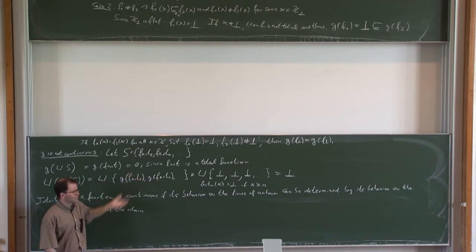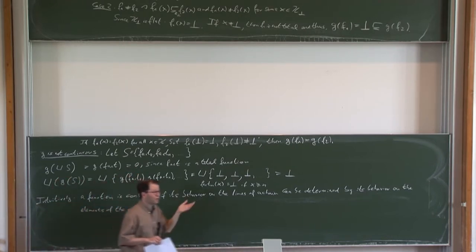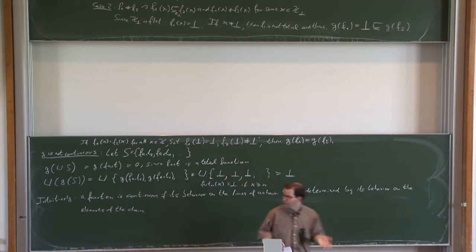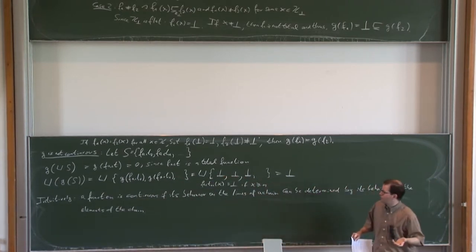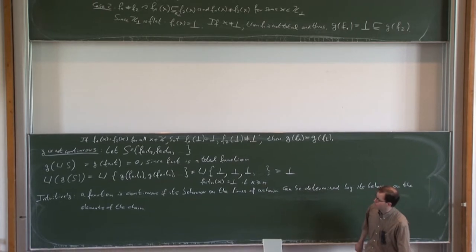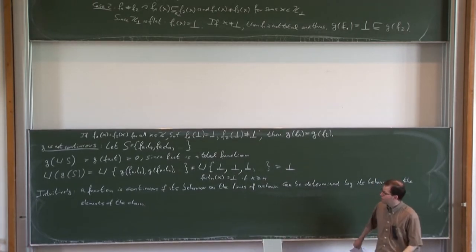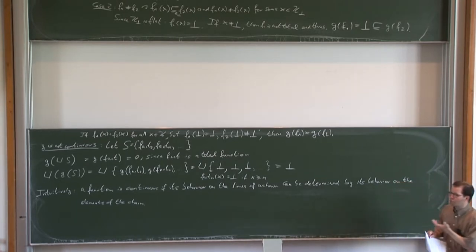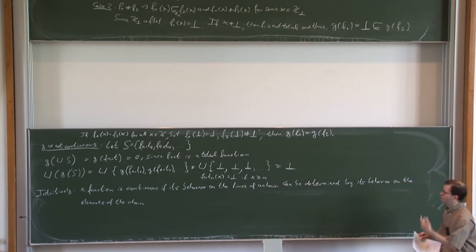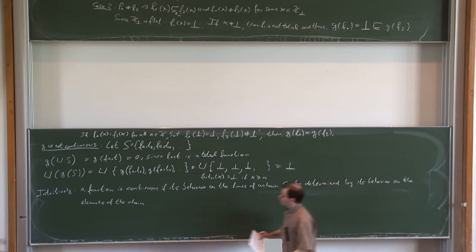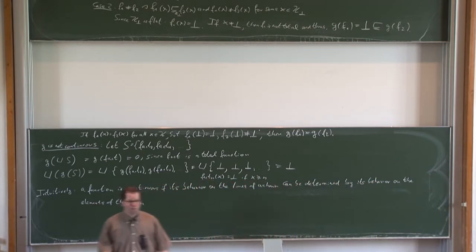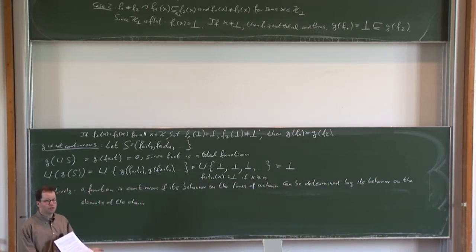So this function cannot be computed by only looking at finite approximations. It can only be computed by being more intelligent and really finding out how the least upper bound looks like. And that's the reason why it's not computable. A computable function has to be determined by finite approximations, and this doesn't work with G here. So functions like G we don't like, because functions like G are not computable. We don't need them in our semantics, and we will exclude them.